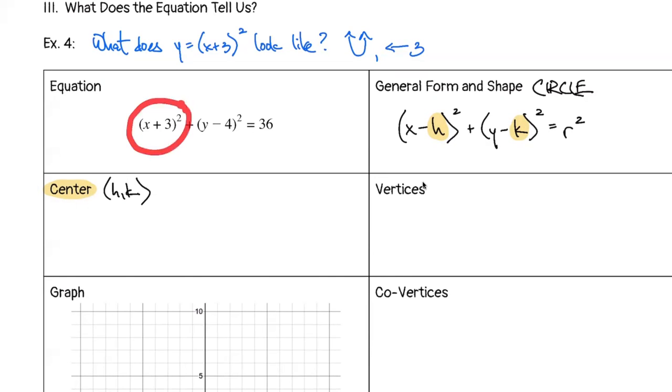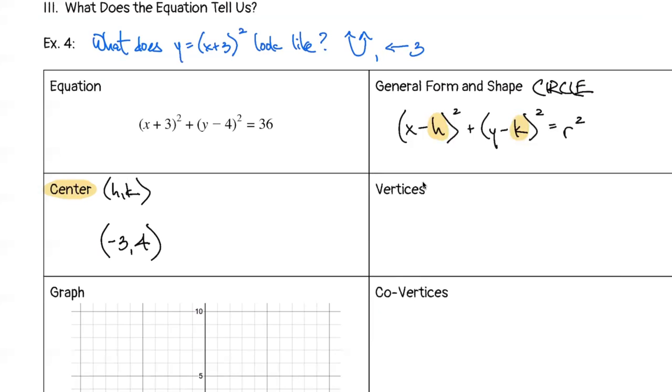What is the x coordinate of the center of our circle? Yeah, it's going to be a -3. Okay. What about the y coordinate of the center of the circle? Yeah, exactly. It's going to be 4.